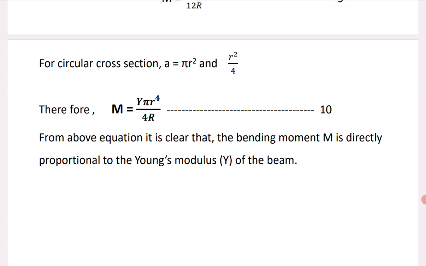By substituting the values of Young's modulus Y, pi, r the radius of the circular cross section, and R the radius of curvature, we determine the bending moment of the beam.